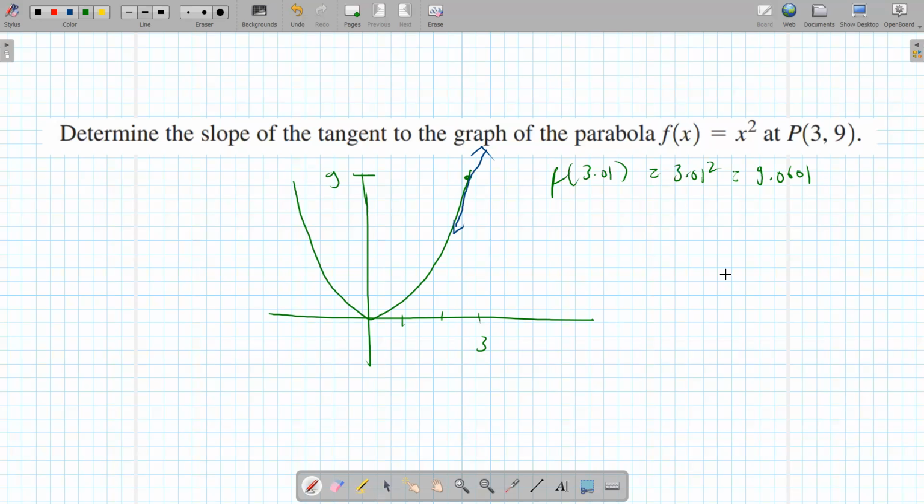Now think about it this way. Now we're just finding the slope. We have one point here, we have 3, 9. And then we have another point up here, and that point is 3.01 on the x and 9.0601 on the y, right? How do you find the slope between 2 points?